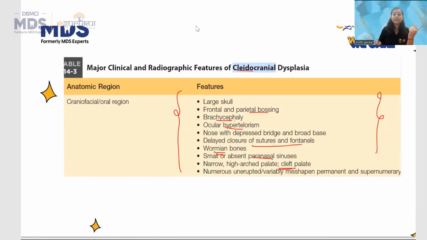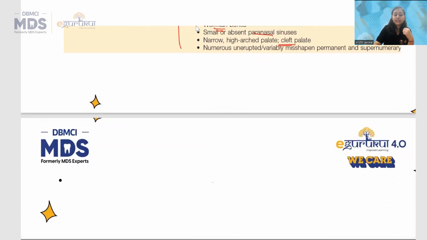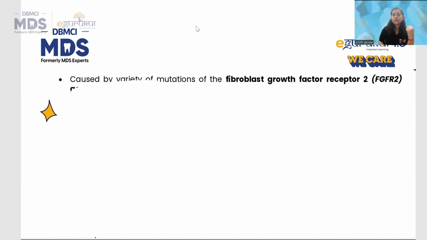Sometimes the patients may present with cleft palate, and there are many supernumerary impacted teeth in cleidocranial dysplasia. Now, there's one important point: which growth factor is involved here? It occurs as a result of mutation of the fibroblast growth factor 2 receptor present on chromosome 10q26.